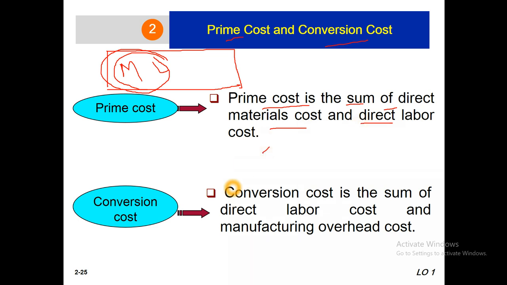Now I will make conversion cost clear. Conversion cost is the sum of direct labor cost and manufacturing overhead cost. That means in our factory we have another cost, manufacturing overhead cost, that is, factory overhead cost.